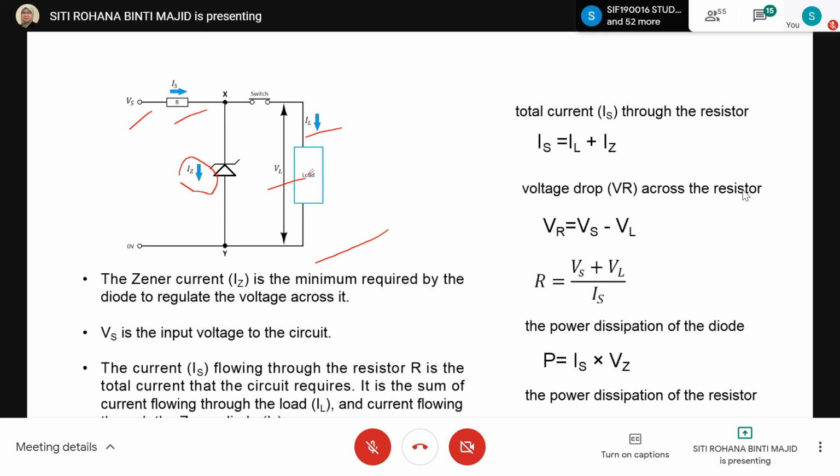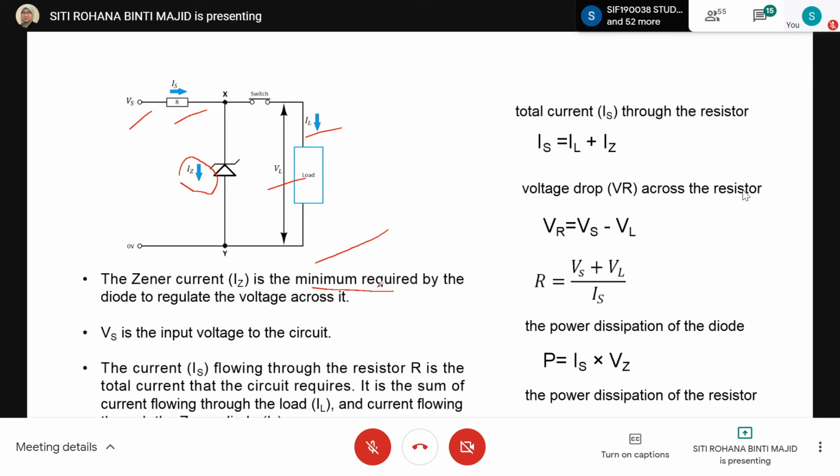Zener current, which is IZ, I already mentioned just now, is the minimum required current by the diode to regulate the voltage across the Zener diode.